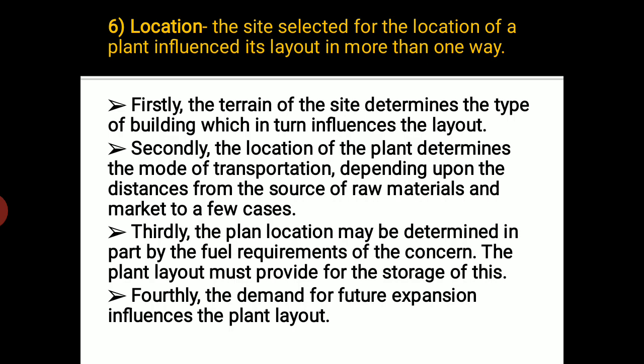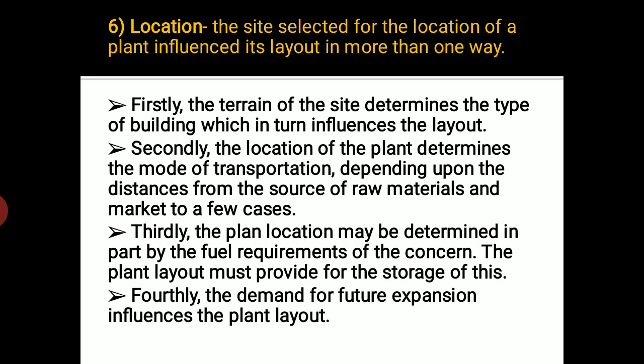Fourth and the last one, the demand for future expansion influences the plant layout. I gave you the example in the previous lecture: say the house is a 2 BHK house, but the number of members of the family increases. Then the head of the family decides that we may have the first floor built up, wherein we will provide two more BHKs.